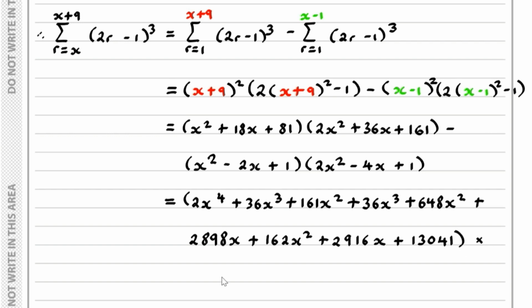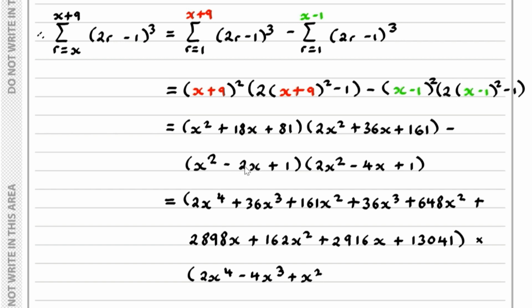And then we're going to multiply this by, well, here we've got x squared times 2x squared, which is 2x to the 4. And then x squared times minus 4x, that's minus 4x cubed. Then x squared times 1, that's positive x squared.